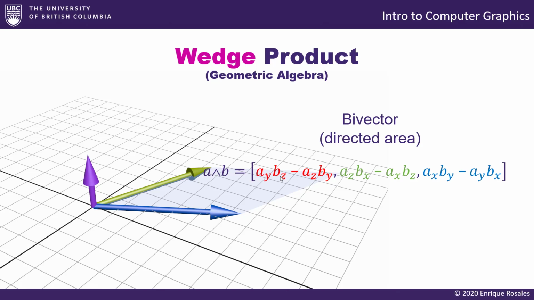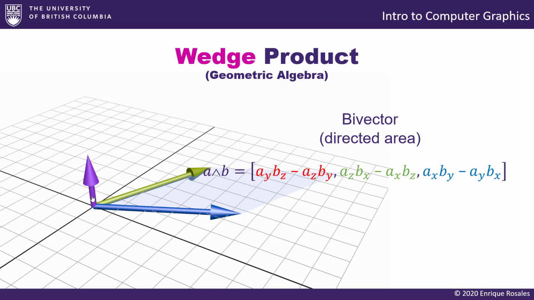Well, it turns out that no, you don't have more numbers. So the result of the wedge product is exactly the three real numbers that can represent a position in space, or this purple vector in space, and that's it. You don't have more information.